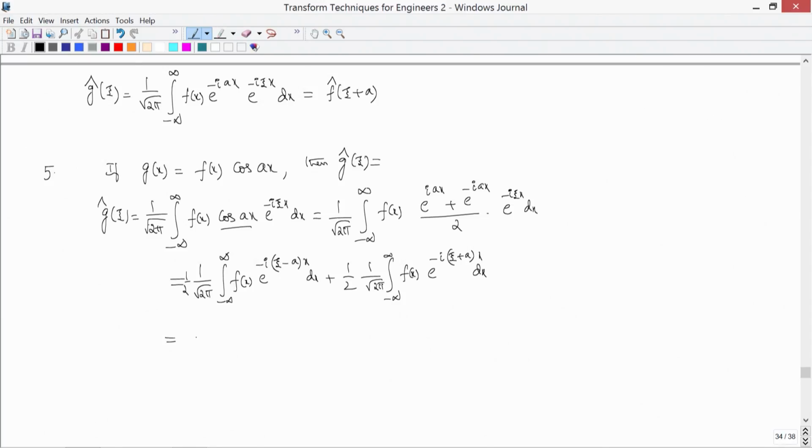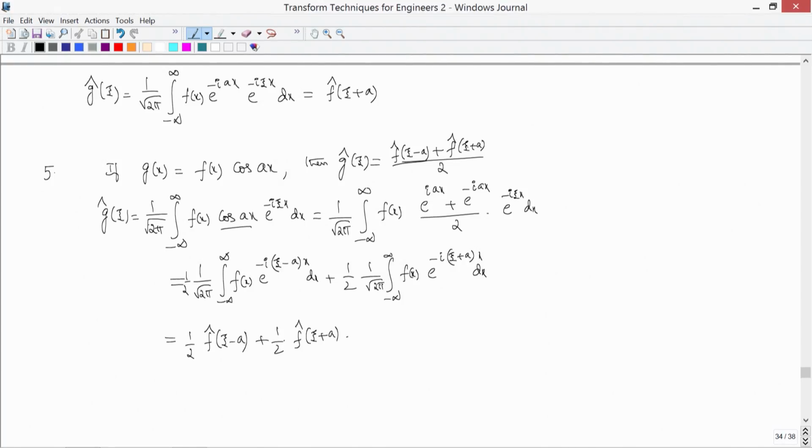So now you can write this as half times f cap at xi minus a plus half times f cap at xi plus a. This is exactly what you get if you have a cosine part. So f cap at xi minus a plus f cap at xi plus a, shifting to both sides, and I take the average.